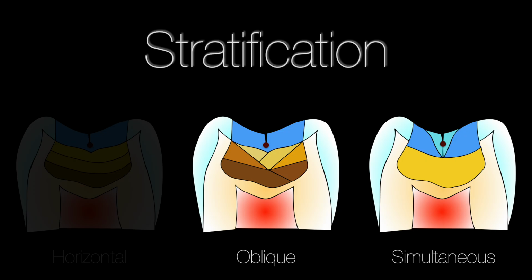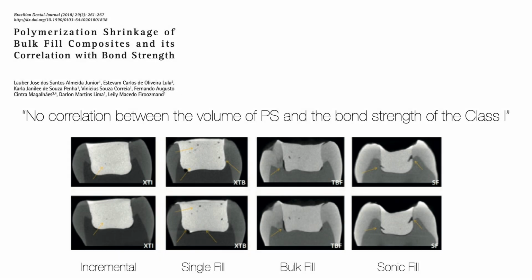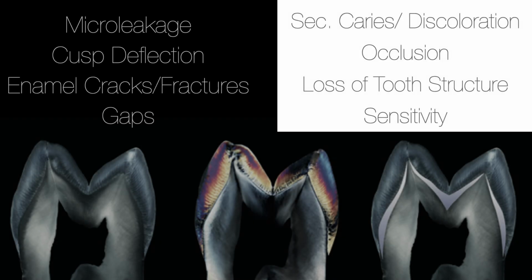We do the base 4 millimeters deep with the bulk fill, and then we leave just the occlusal part to do with the condensable. There's no correlation between the volume of that and the bond strength of the class 1. So with the bulk fill, we can do the whole cavity with just one increment, depending on the depth, of course.